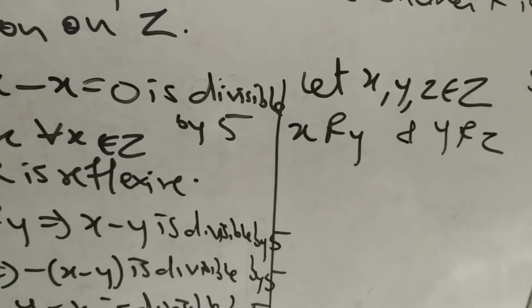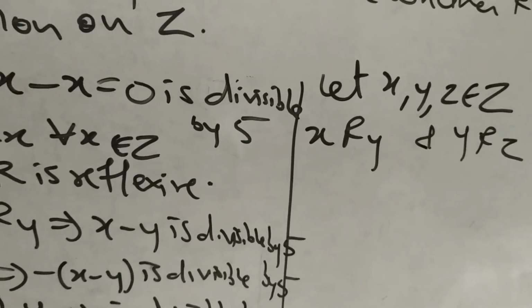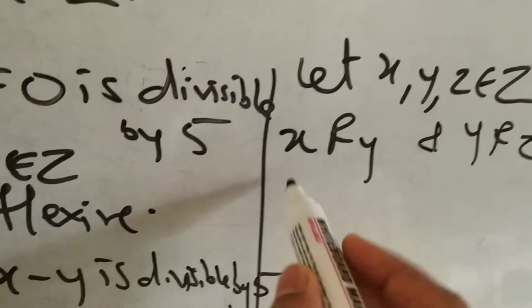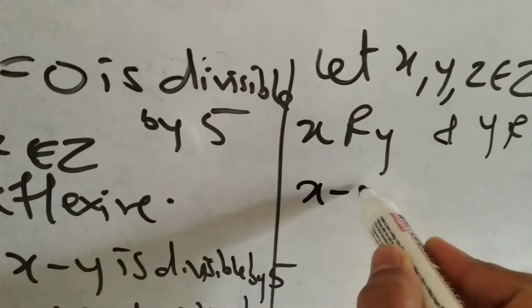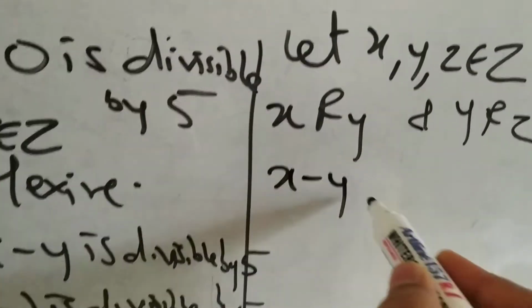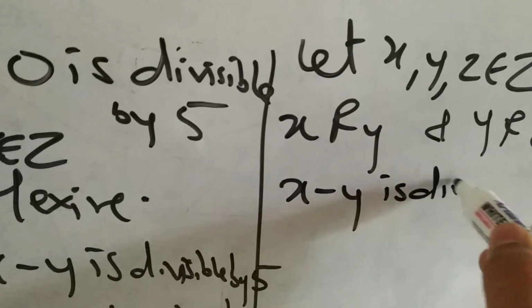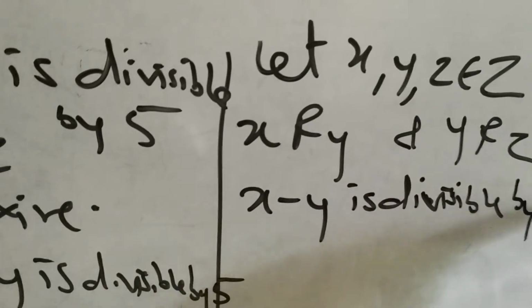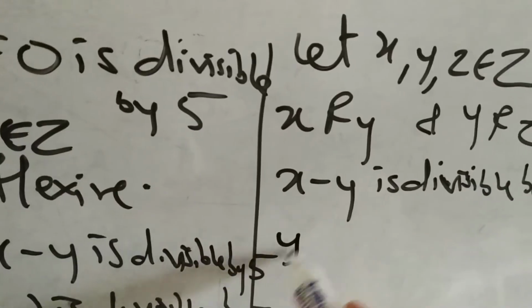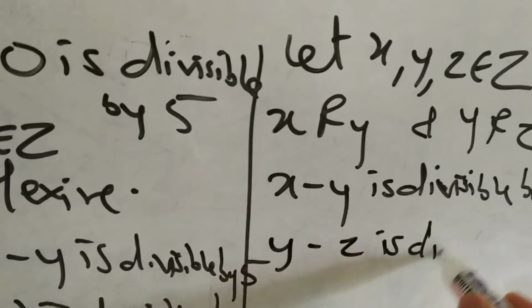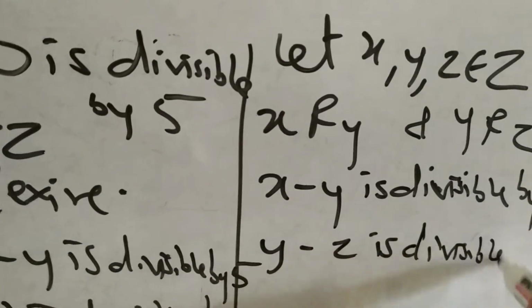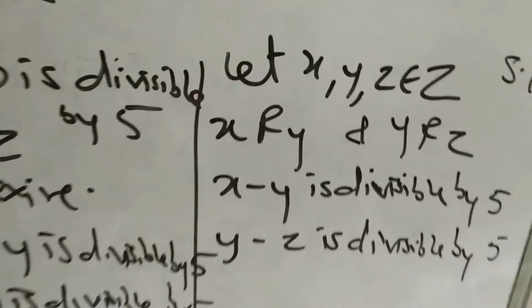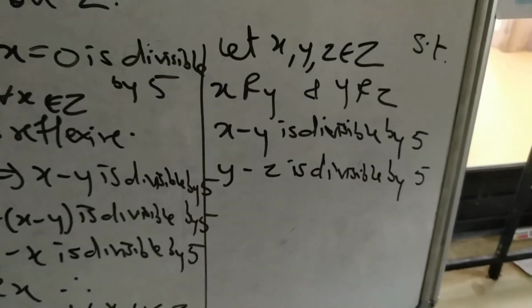If x is related to y, it means x minus y is divisible by 5, and if y is related to z, it means y minus z is divisible by 5 as per the definition.